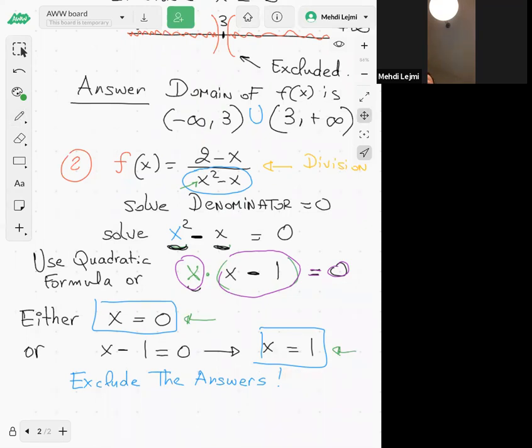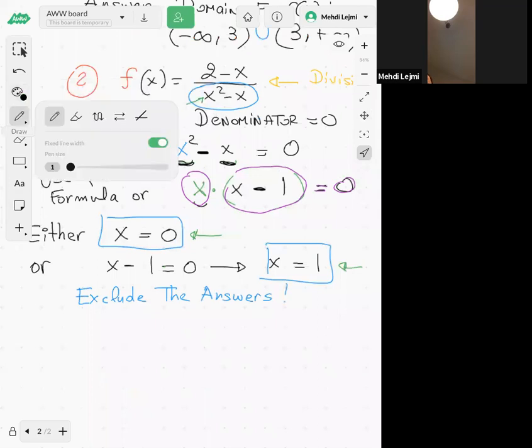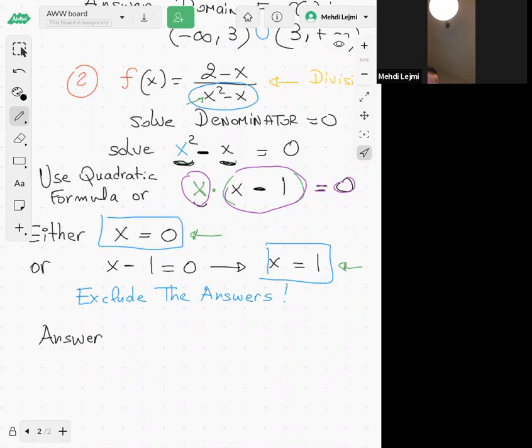So then the answer, again, guys, you can use your number line if you want to. So domain of f of x, if you want to use a number line, here's my negative infinity, this is my positive infinity, I'm going to need the 0, I'm going to need the 1, and so my domain is going to be any number except the 0 and the 1.